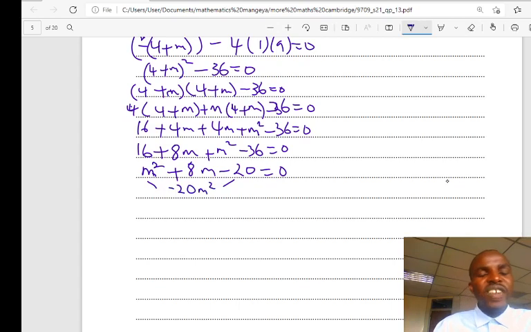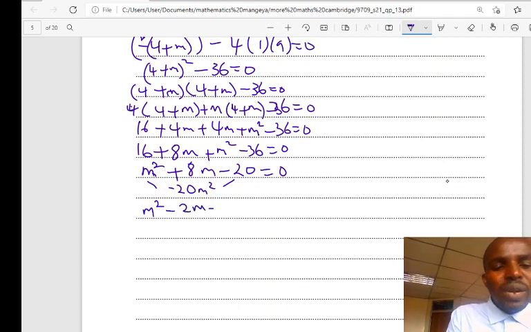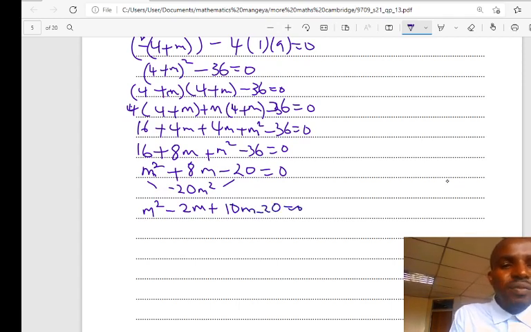Find two numbers, factors of 20, which when multiplied give you minus 20, and when added give you 8m. Which are the numbers? It's minus 2 and plus 10. So replace the middle value, which is plus 8m here, with the factors. You say m squared, it will be minus 2m plus 10m. Then minus 20 is equal to 0 here.